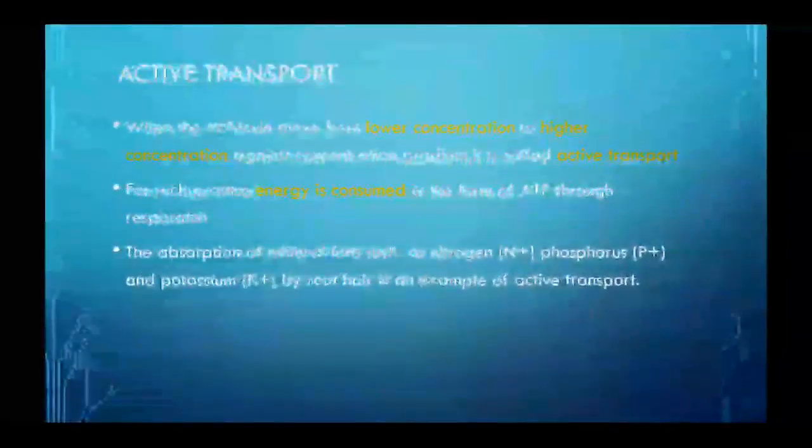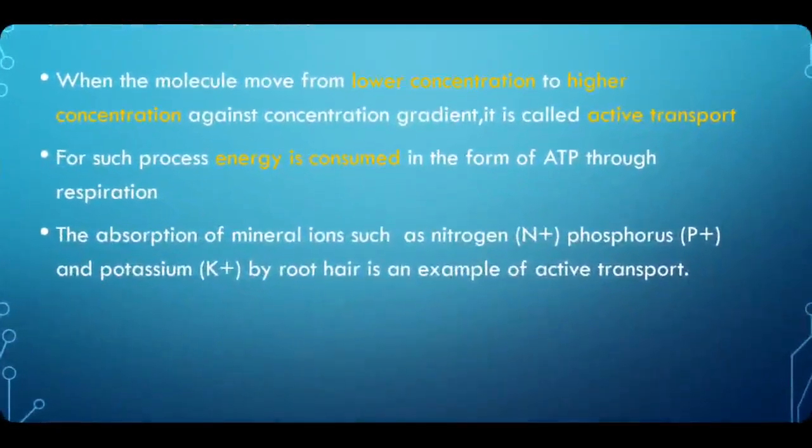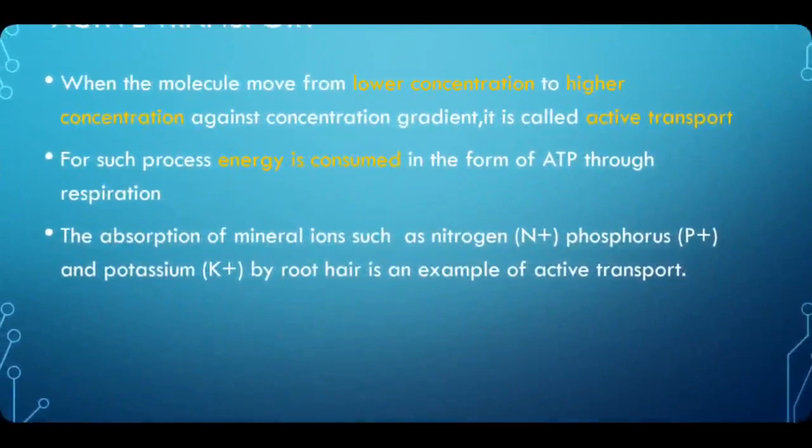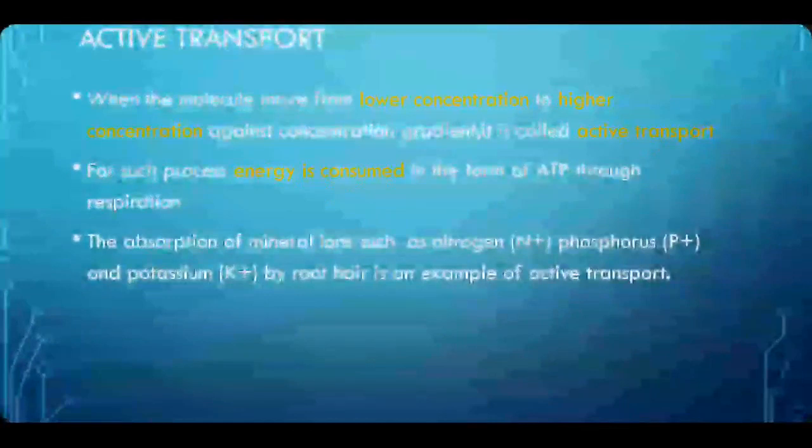Then the second method, active transport, is when molecules move from lower concentration to higher concentration. Till now we were reading about higher to lower, but this is the opposite.